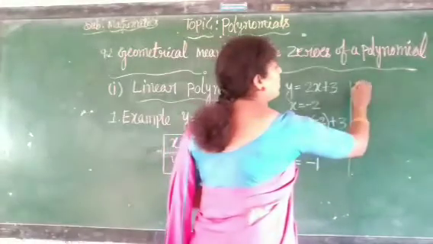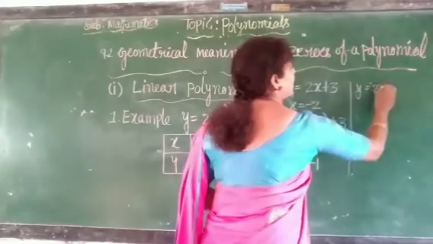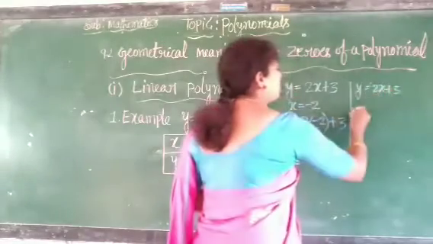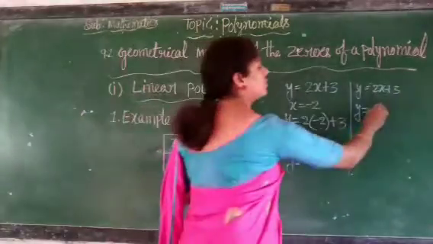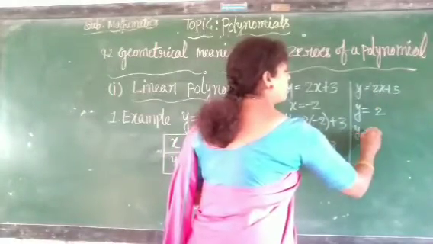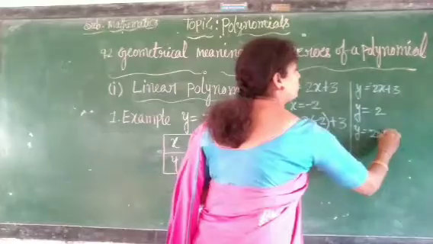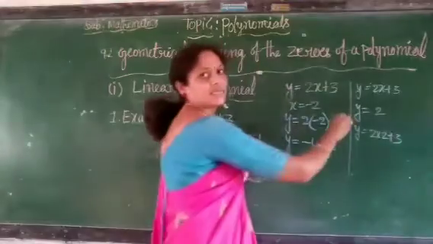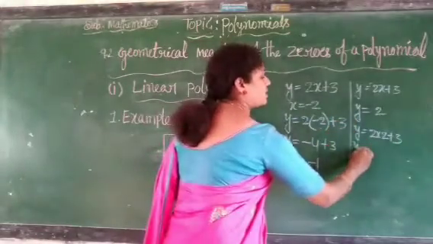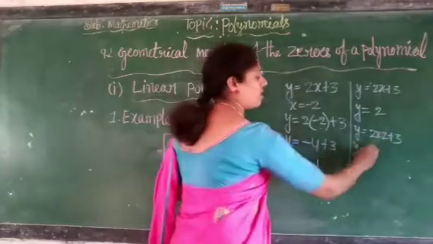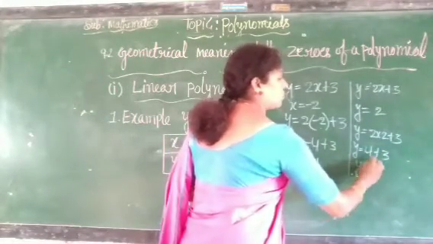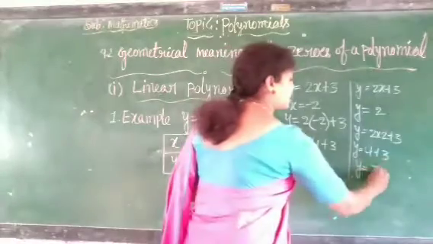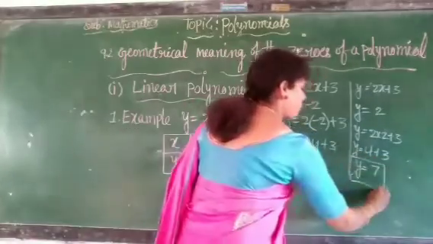Second one, y is equal to 2x plus 3. We substitute x is equal to 2. Y is equal to 2 into 2 plus 3, 2 twos are 4 plus 3, so y is equal to 7.